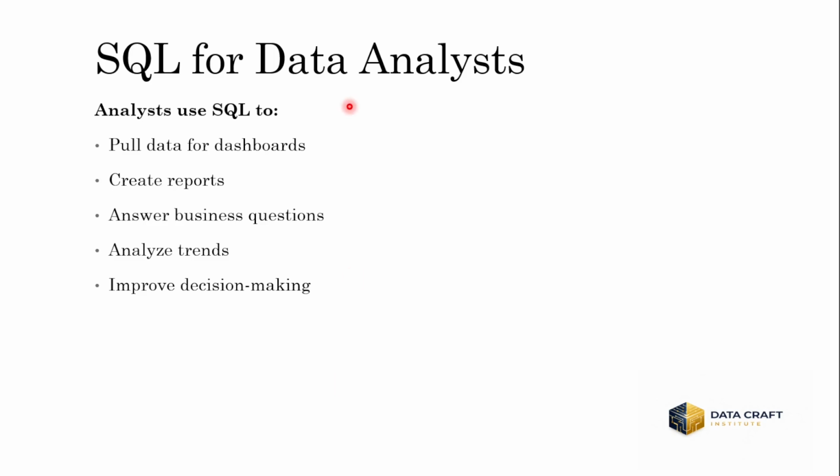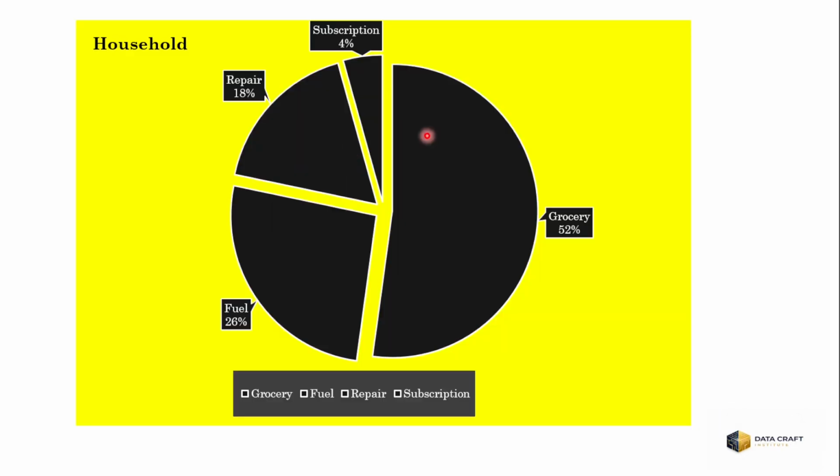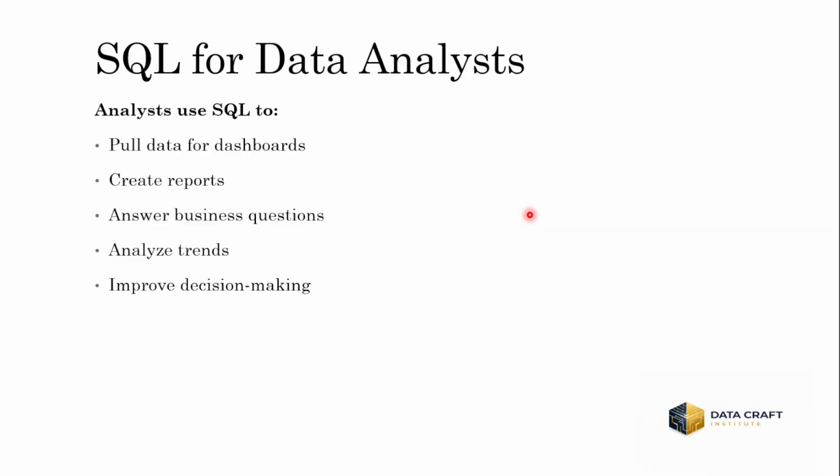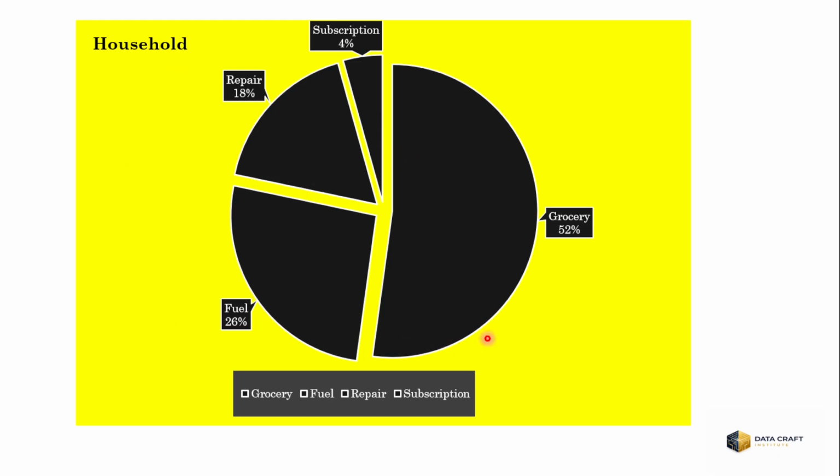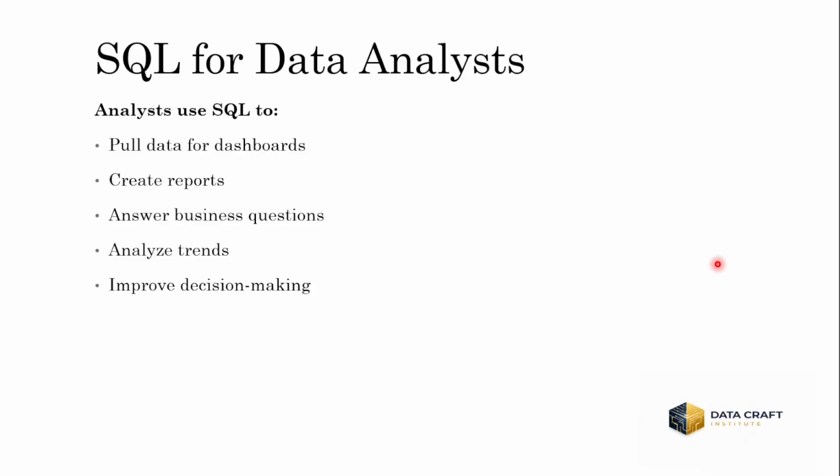So analysts use SQL to pull data for dashboards. Whatever you did here is an example of a dashboard, and they create reports. A collection of such charts is called a dashboard or a report, or a report is more in tabular form of data.